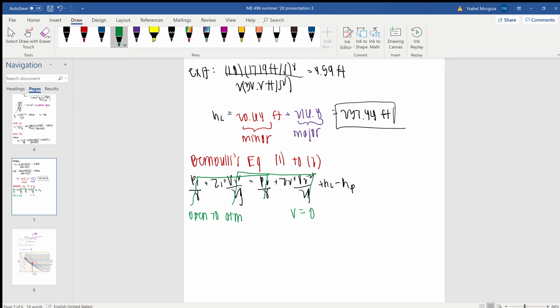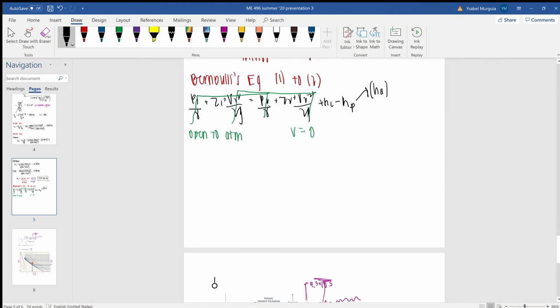Okay, and then rearranging, we do want to solve for HP, which is actually, as I mentioned earlier, the H actual, so that this is the head due to the pump. So HP will be equal to, moving everything over, Z2 minus Z1 plus the total head loss.